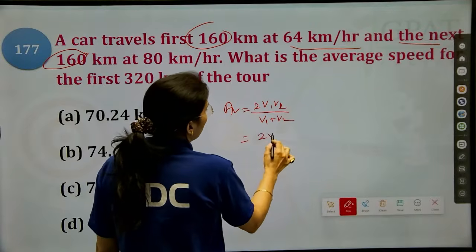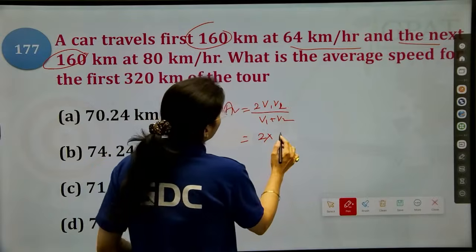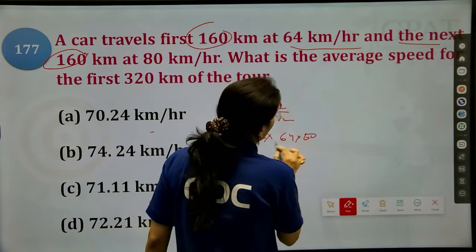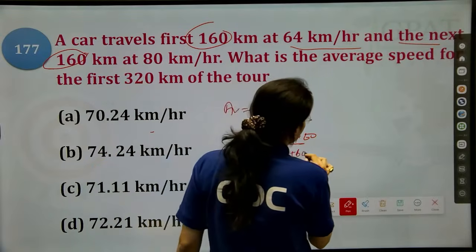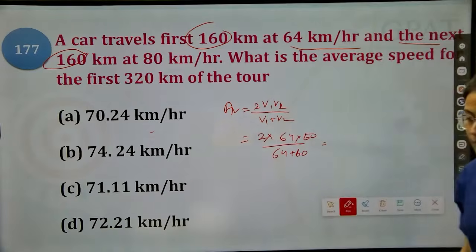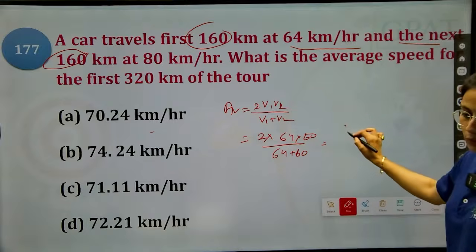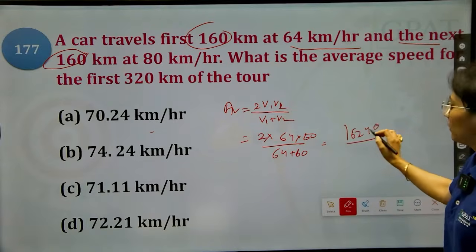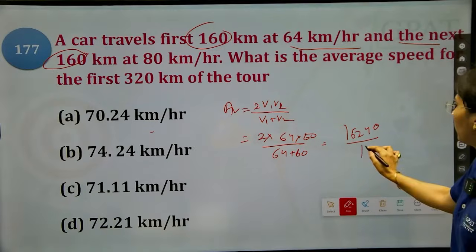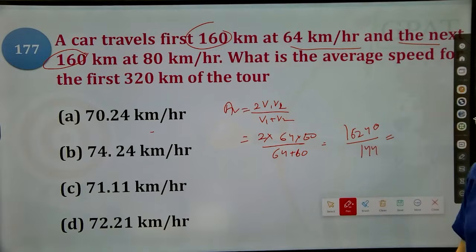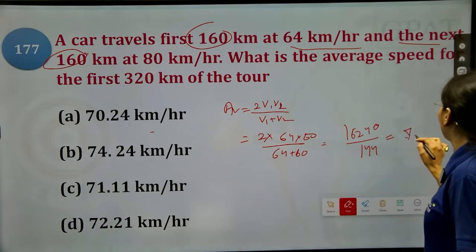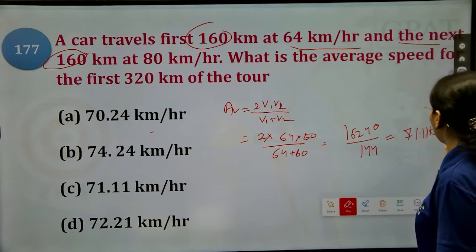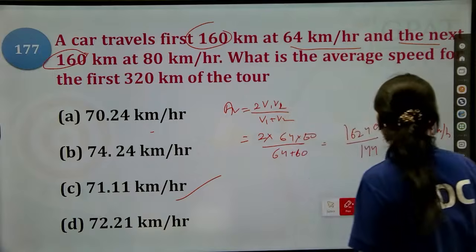So 2 multiplied by 64 multiplied by 80 upon 64 plus 80. So you will get 10240 upon 144. When you divide, you will get your answer: 71.11 kilometers per hour. That is option C.